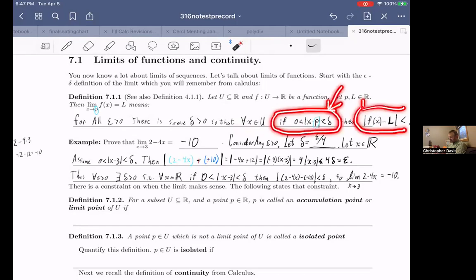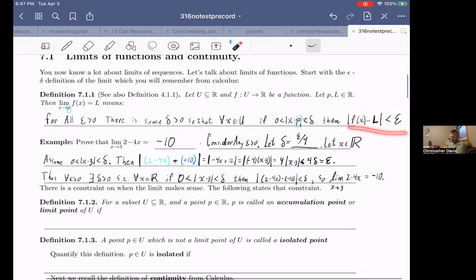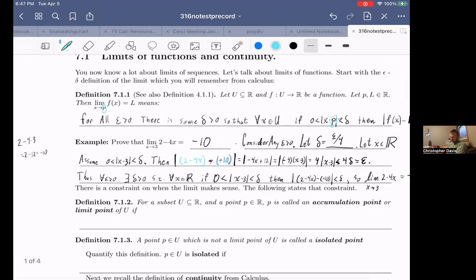If the hypothesis is just always false, then the whole if then is automatically true. So if you happen to look at a p-value for which there are no x values here, then it doesn't matter what you put here, you'll satisfy the definition of the limit. So that's like a weird thing.